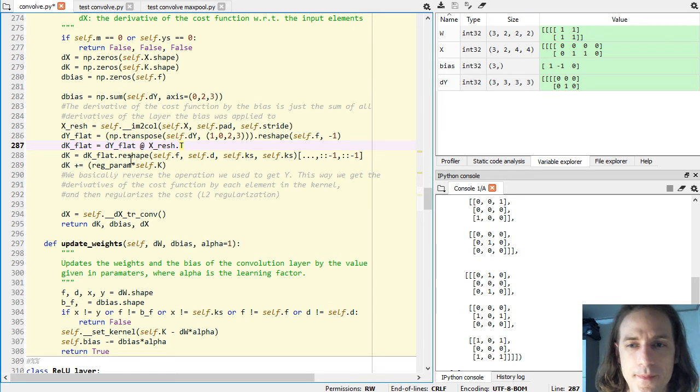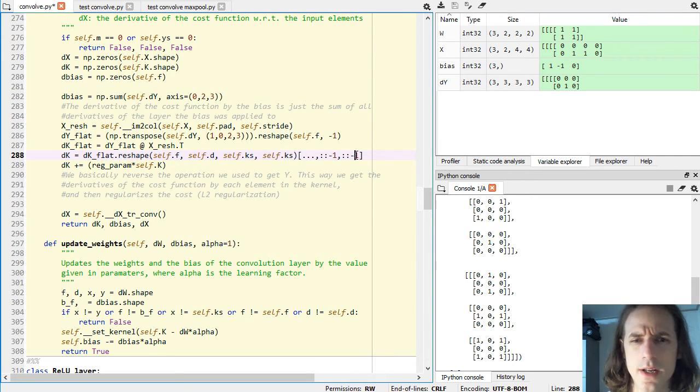And then what's going to happen with the dk is very easy. We have to reshape it back to its original form: filter number, depth of the input, and the kernel size. We are working with squares here. Then we have to flip, so the ordering should be colon, colon, -1, colon, colon, -1. It basically reverses the order of the elements there.